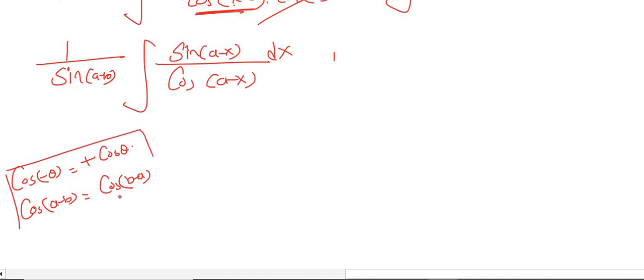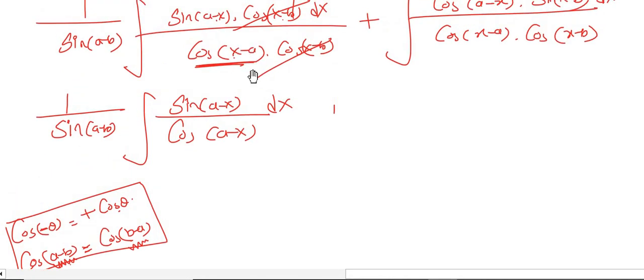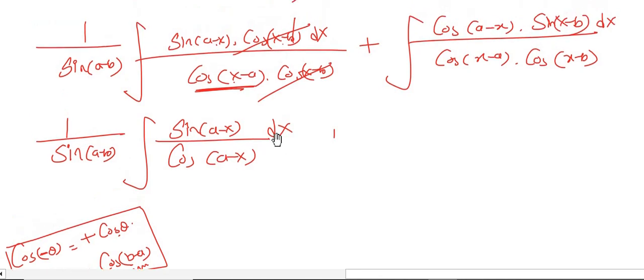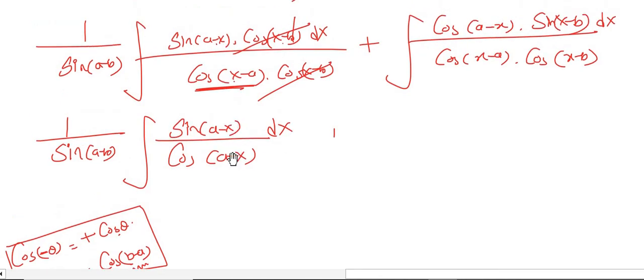Because for cos, minus becomes plus. Okay? And a minus b can be written as b minus a. It does not matter for cos. Cos को कोई फर्क नहीं पड़ता कि ये a minus b है या b minus a. इसीलिए यहाँ पर what I did, x minus a became a minus x. Why I am doing it? In order to match these two, a minus x and a minus x.